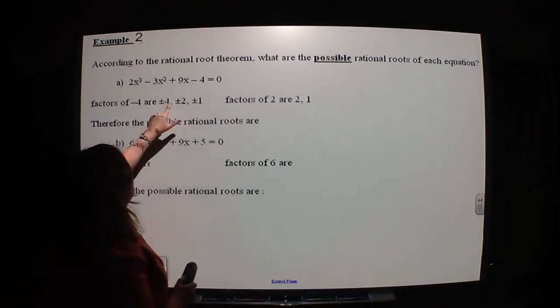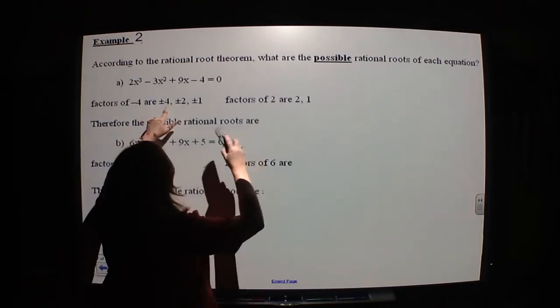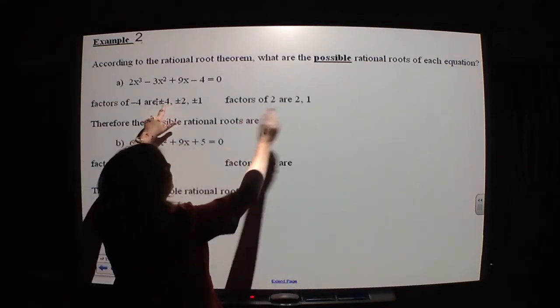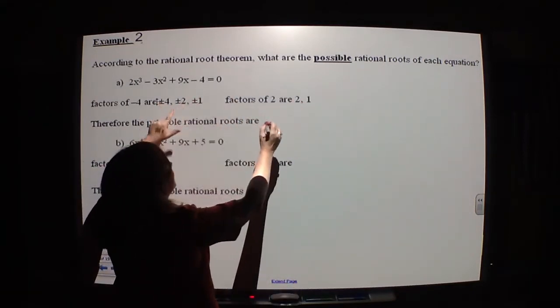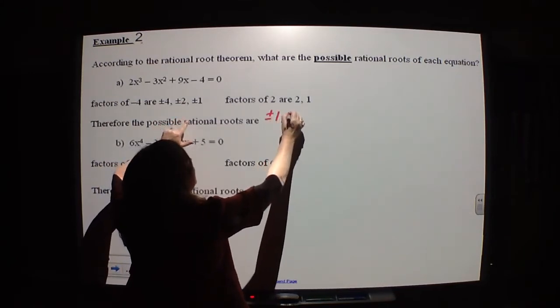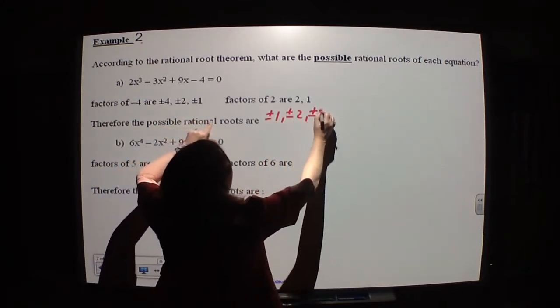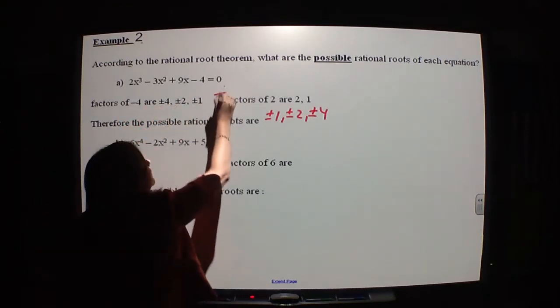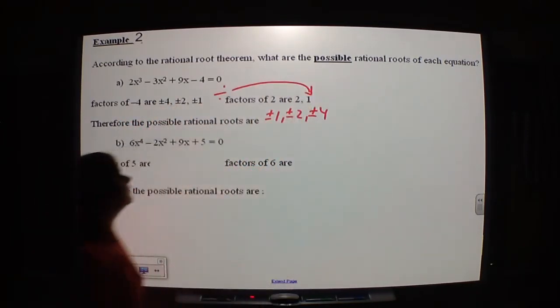So I would have 4 divided by 2. Here, I'm going to write them out this time. Actually, I'll do it by 1 first. 4, 2, and 1 divided by 2. So plus or minus 1, plus or minus 2, and plus or minus 4. That's this divided by 1.